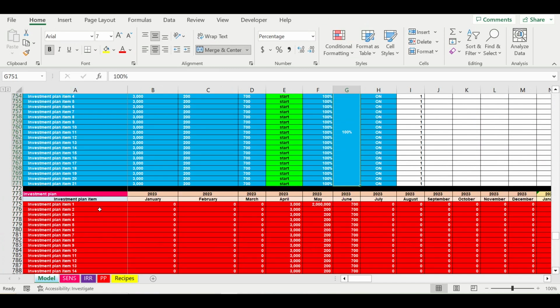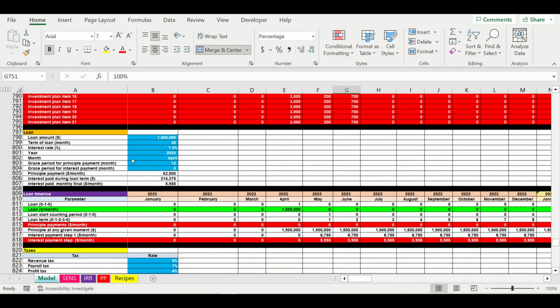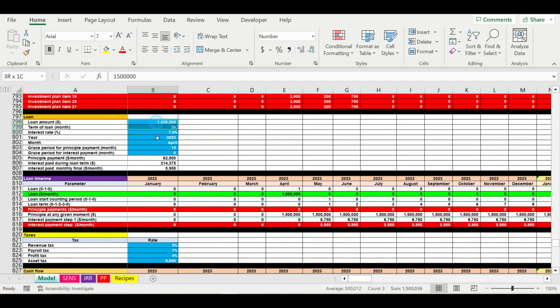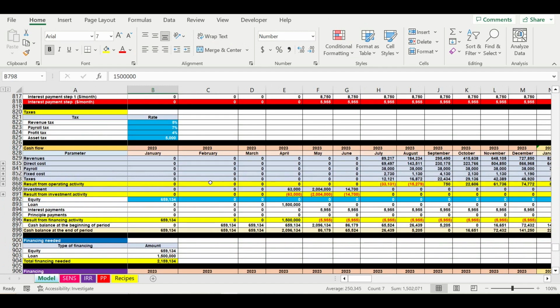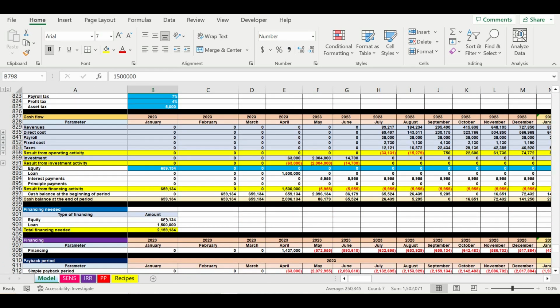Then we are moving to the loan. The loan is very closely connected with the amount of financing. Here is the total amount of financing that we need to start the business. It consists of our own money, for example, and the loan itself.